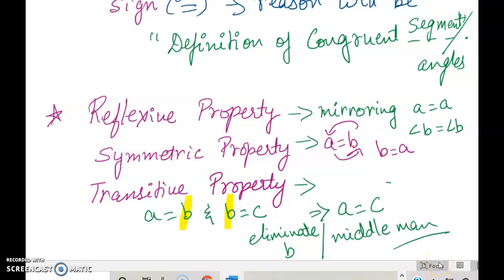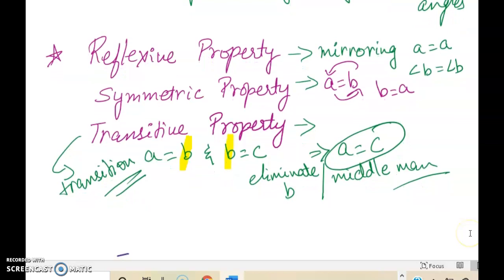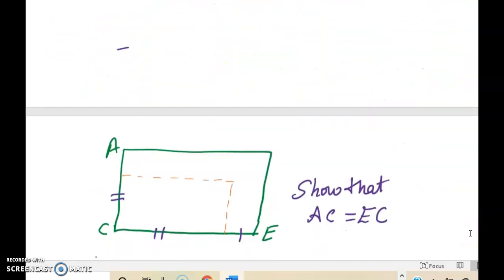So you will get A is equal to C. In any equation, when it shows this kind of transition, it is called transitive property. Now, based on these few things to consider while writing the proofs, let's try a few.